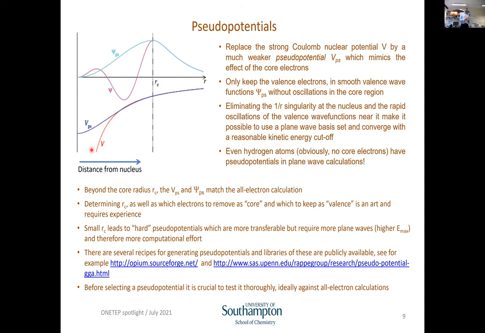They wouldn't converge with reasonable grid spacing. So we replace these with a much smoother pseudo wave function, and a smoother potential that is produced by the pseudopotential that replaces the nucleus and the core electrons. So this is the same as in all plane wave codes, and we use pseudopotentials of the same format.